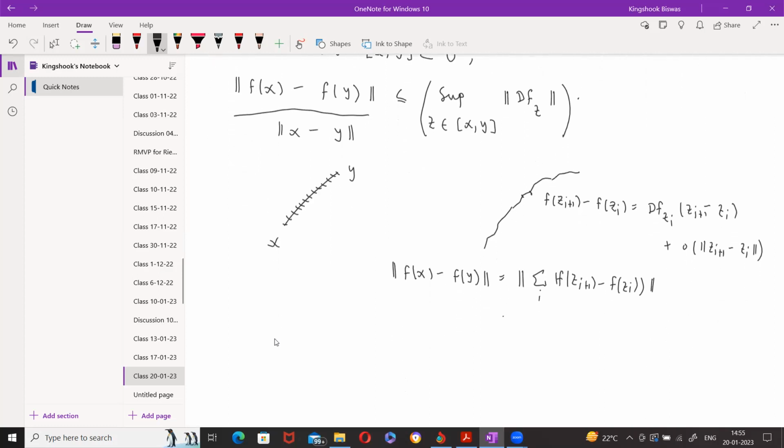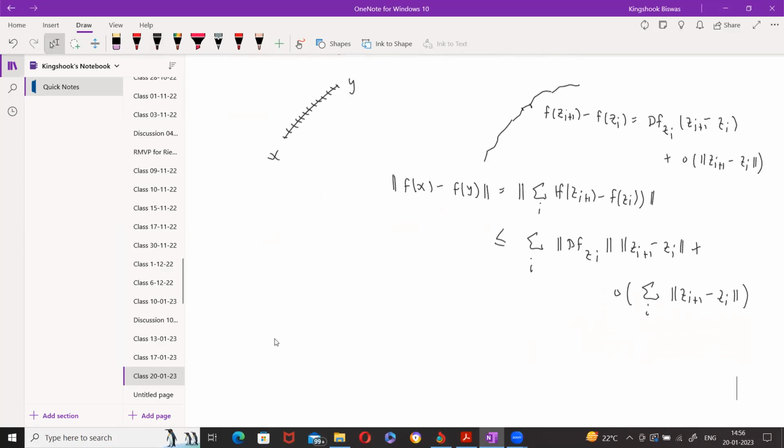This is less than or equal to the sum of the norms of these, and that is less than or equal to the sum over i of the norm of df at z_i times the norm of z_{i+1} minus z_i, plus something which is small compared to the sum of the norms of z_{i+1} minus z_i.